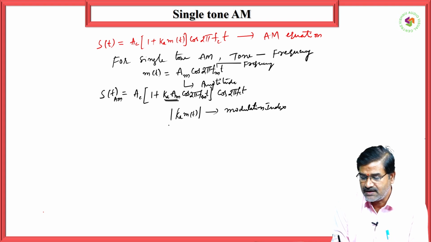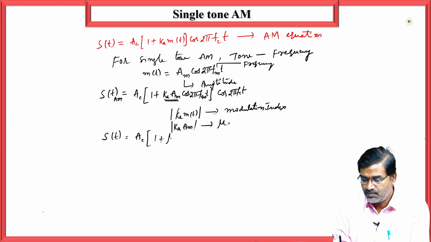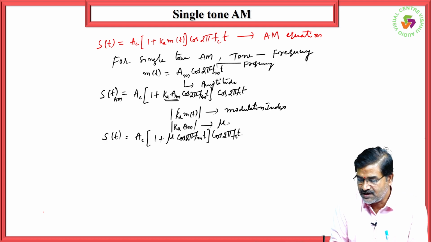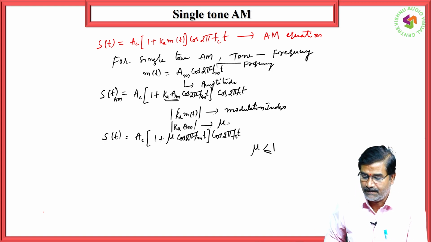In this case, I can write Ka into Am as mu. So s of t becomes Ac into 1 plus mu cos 2 pi fm t into cos 2 pi fc t. Always remember that this mu value should be less than or equal to 1.